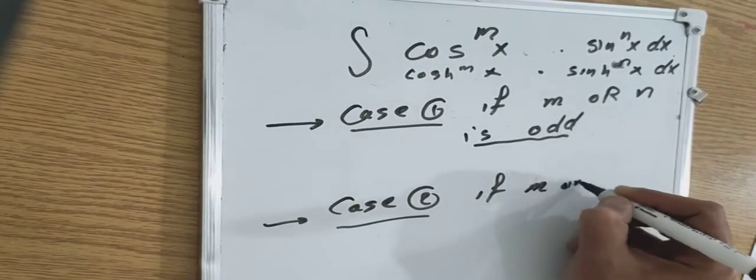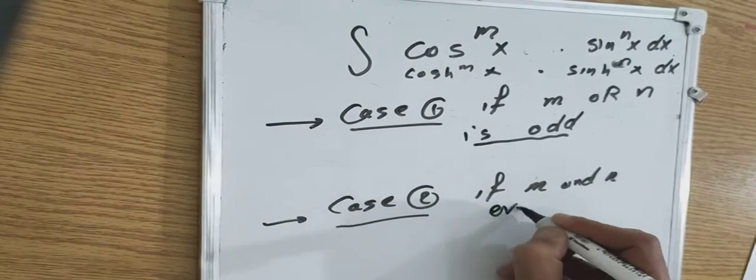But case number 2, if both powers are even, we use the double angle rule: cosine squared is half of 1 plus cosine 2x, and sine squared is half of 1 minus cosine 2x, and simplify until the power is 1.